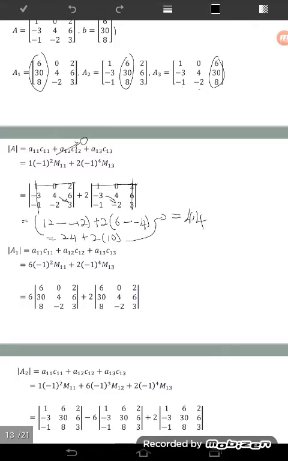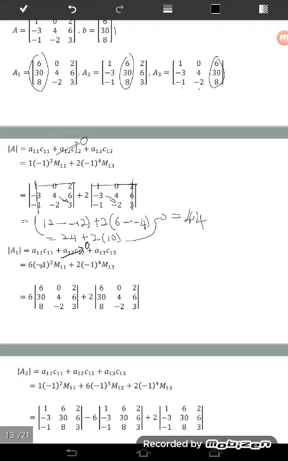Okay, so the second one is 0 because here it is 0. And then plus A13 times C13. So A13 is 2, the element in row 1 column 3, and then negative 1 power of 4 because 1 plus 3, times minor 13.